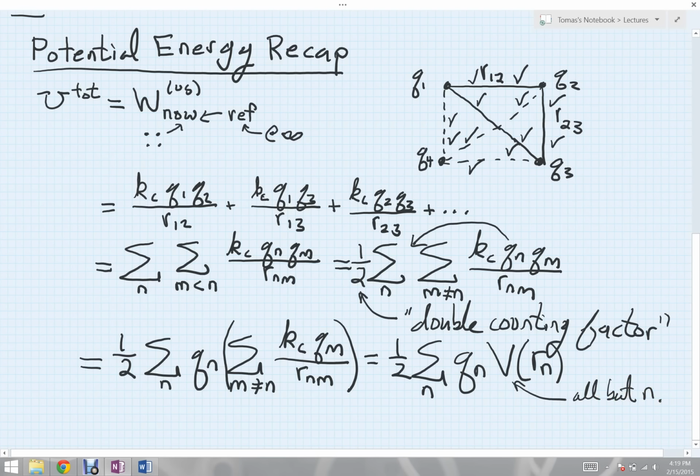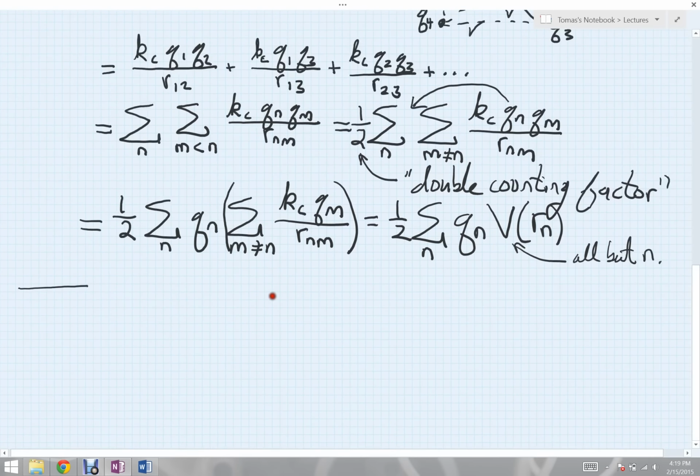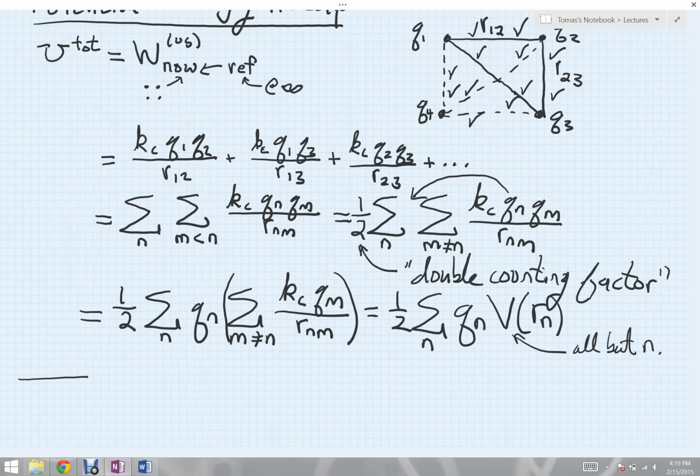Now, I think you can begin to see what I'm going to want to do with something like this. If I have some nice continuous charge distribution, for instance, this would be the perfect thing to rearrange into some kind of an integral. So let's go down to our next page, realizing that what we're calculating here, of course, is the total energy, U tot.